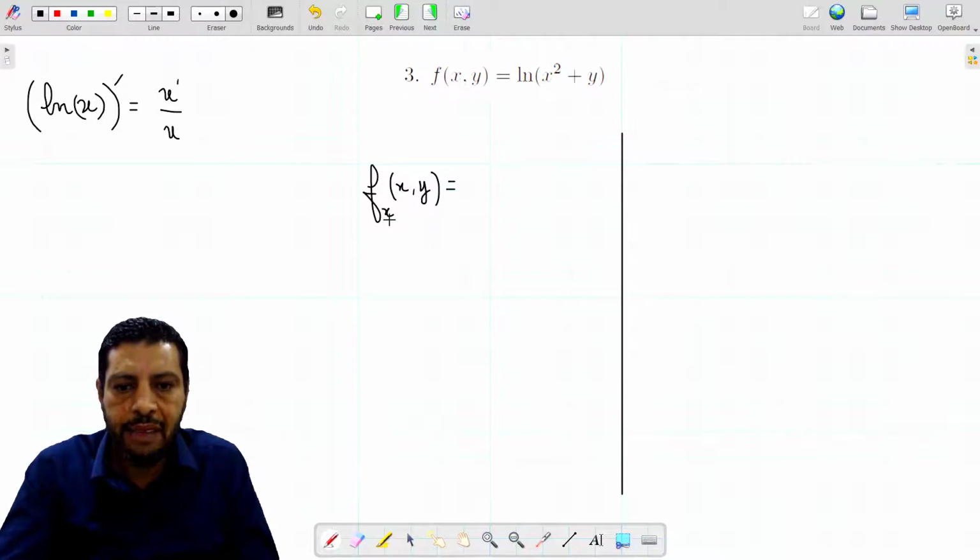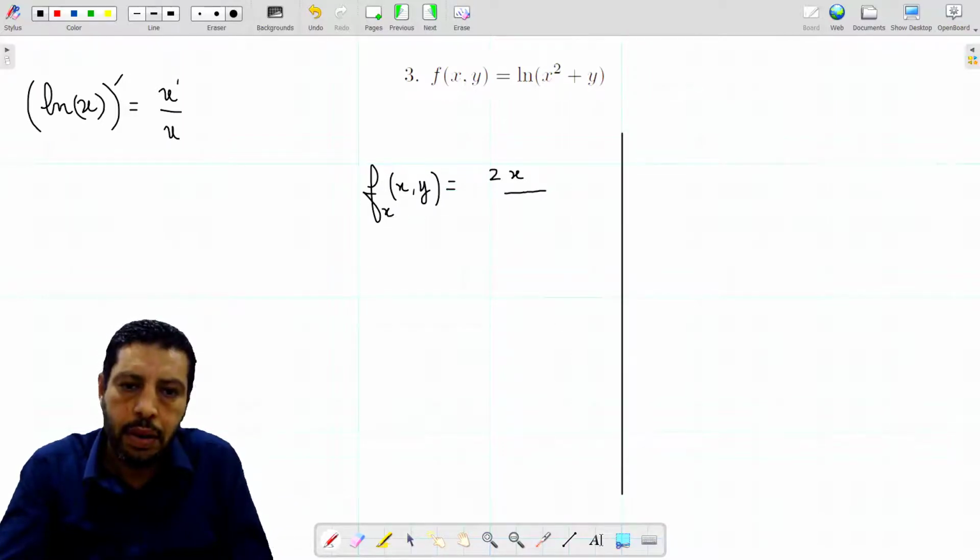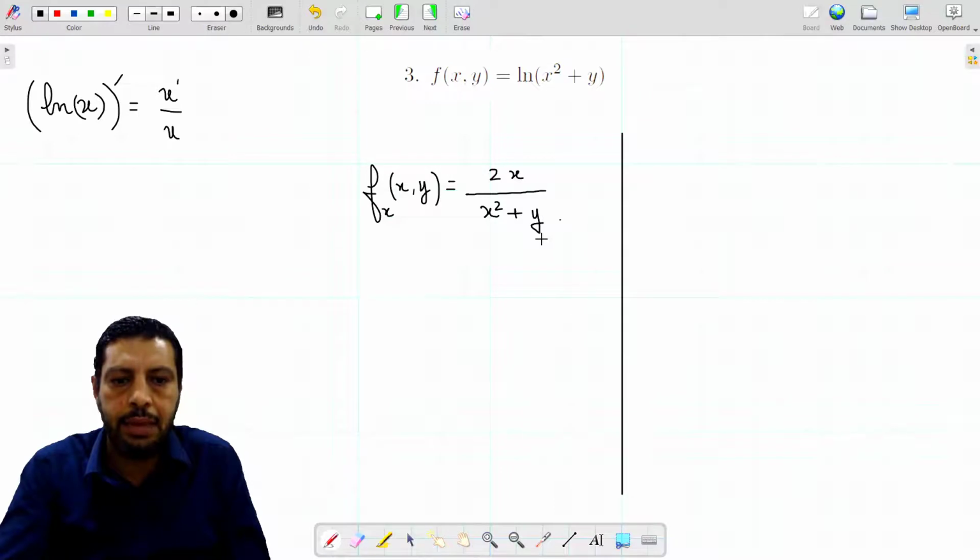Here we're going to compute fx, so we're going to take the partial derivative of x squared plus y. It means the u function inside the ln over u. The derivative of x squared plus y with respect to x is 2x over the u, which is x squared plus y. It's as simple as that.